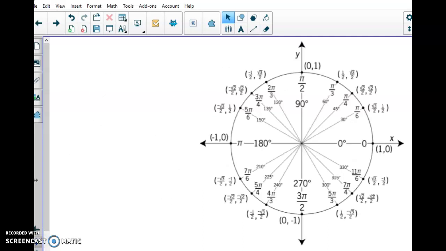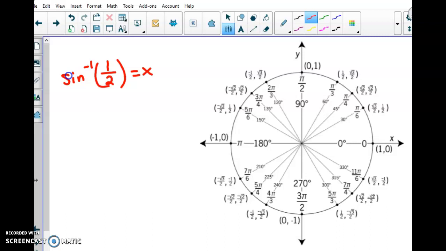If I were to say, what is the inverse sine of 1/2, and that equals x, I'm trying to figure out, and remember, our points are x, y, and that's really cosine, comma sine. So I'm looking for where the sine value, aka the y value, equals a half. Well, it equals a half here and here.